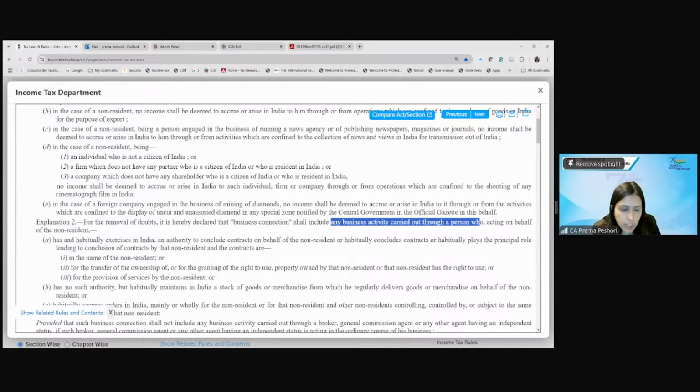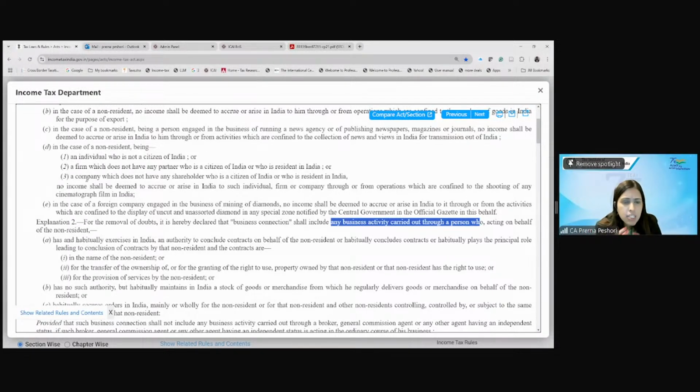Now, who is that agent? One who has and habitually exercises in India an authority to conclude contracts on behalf of the non-resident.